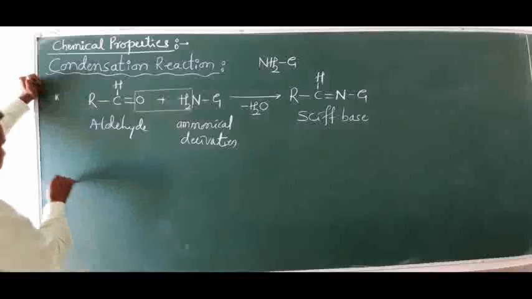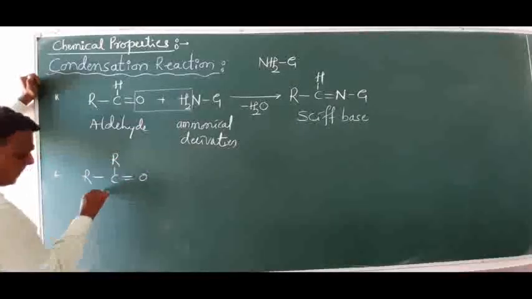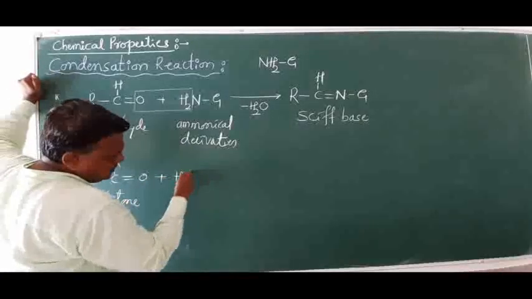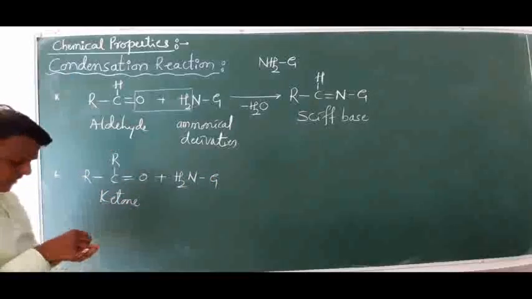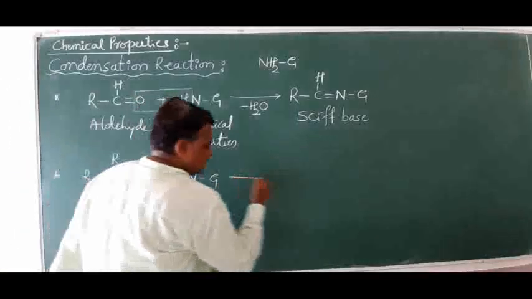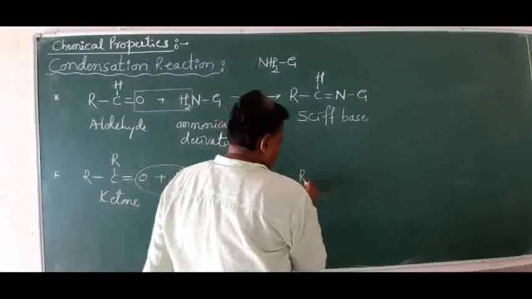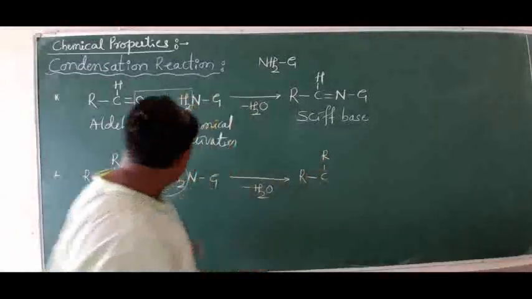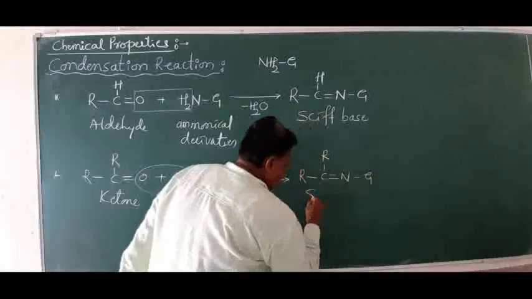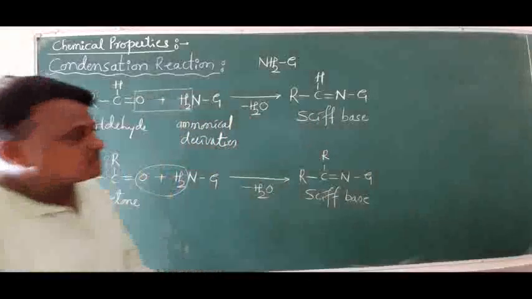Similarly for ketones: R-C=O reacts with ammonia derivatives, again with the loss of water. The product is R2C=N-G, with a carbon-nitrogen double bond, and this is also called a Schiff base.